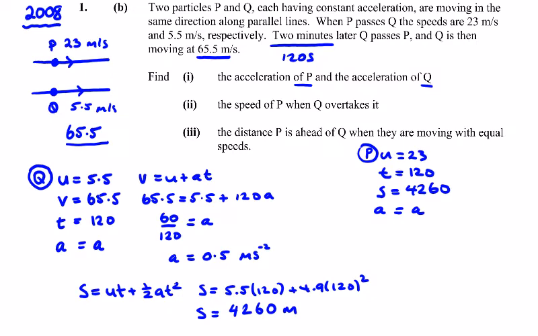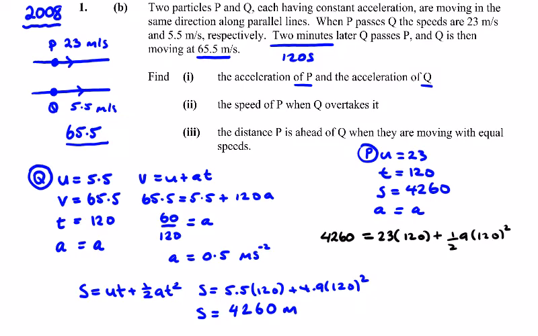S is equal to UT plus a half AT squared, so 4260 is equal to 23 by 120 plus a half A by T squared, which is 120 squared.